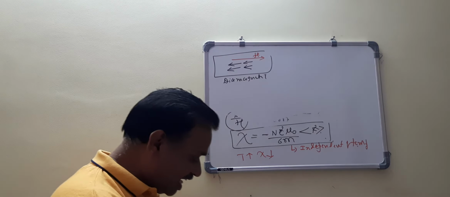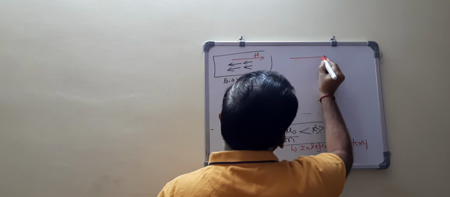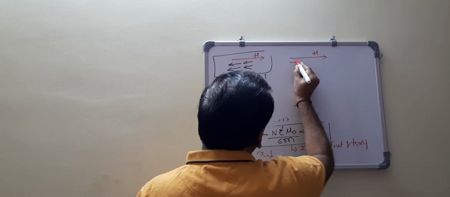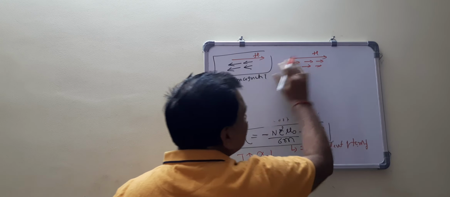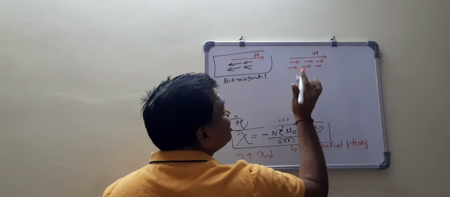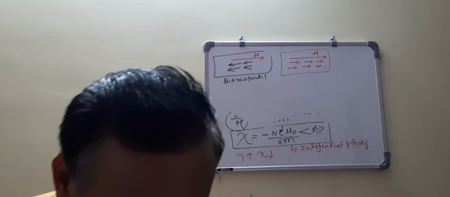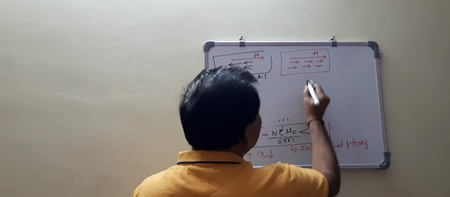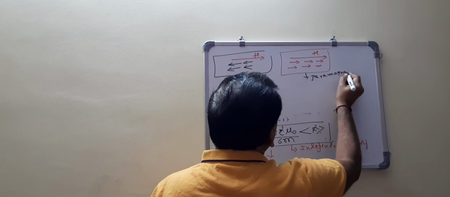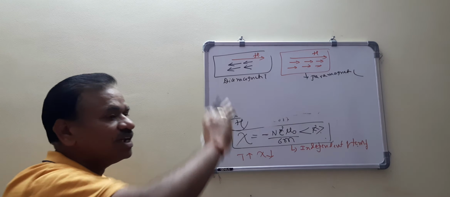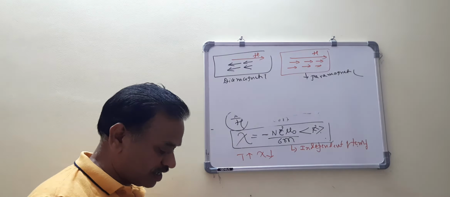But in the case of paramagnetic material, it is like this: if the applied magnetic field is like this, all the atomic magnets are oriented with respect to H in the same direction. This is the situation in the case of paramagnetic material.